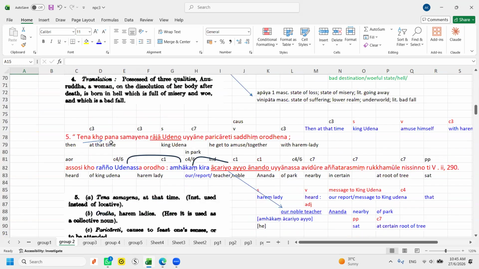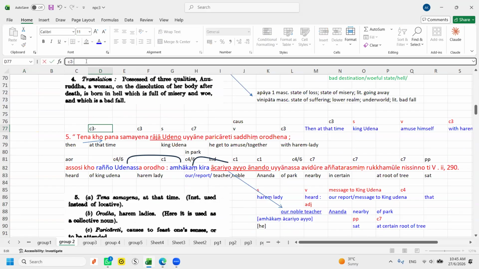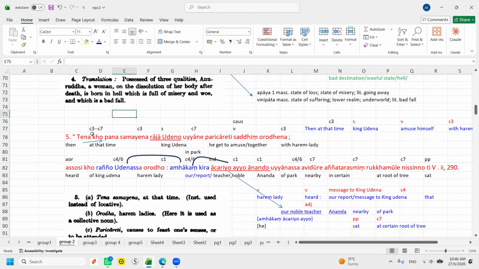Tena kho pana. This tena is in the instrumental. The instrumental you change into the English locative, so you can say "at that."